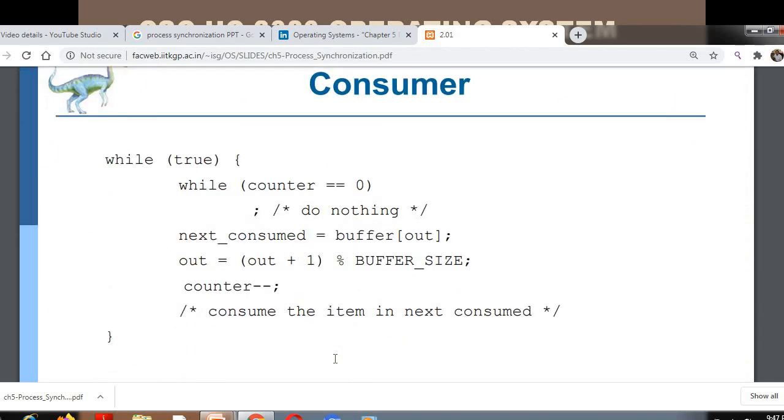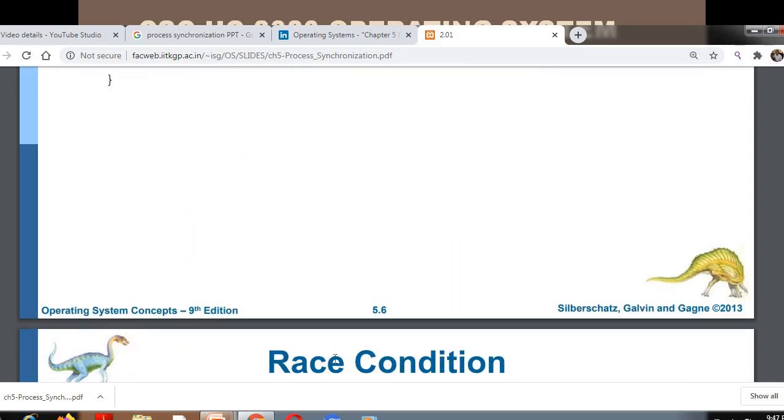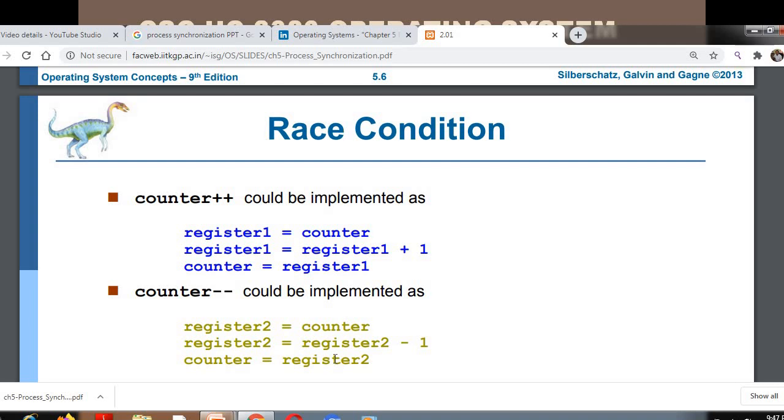But in the case of the consumer, while counter equals 0. If the consumer consumes, then the counter is decremented. In this way we see the producer and consumer problem.